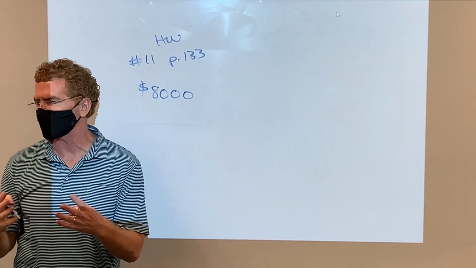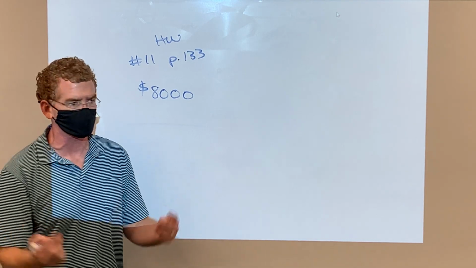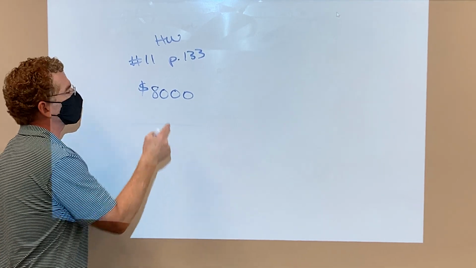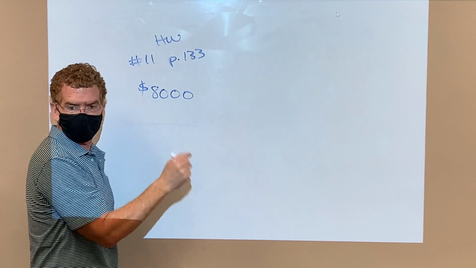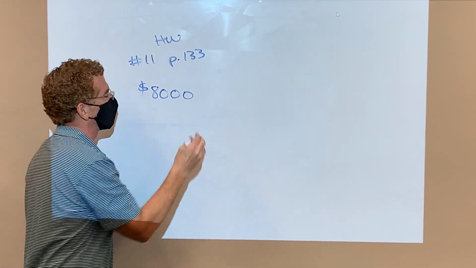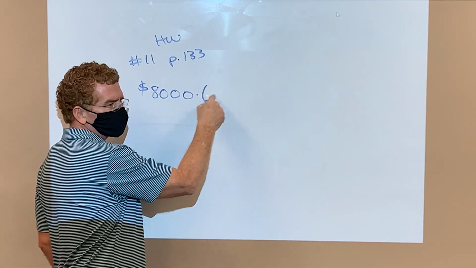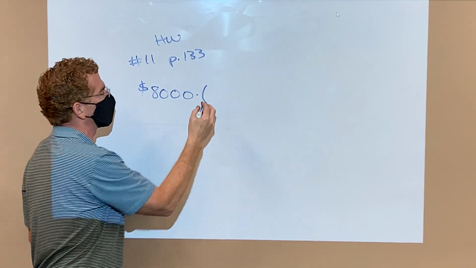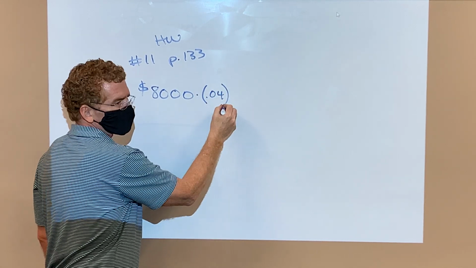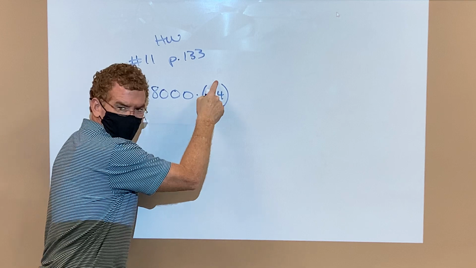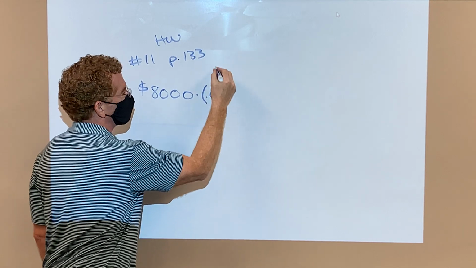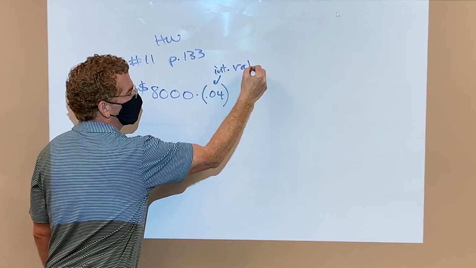Now, let's say I'm making a 4% interest rate on that. If I'm making 4% of that, of means to multiply. So I multiply by 4%, and 4% means 4 over 100, or 0.04. So that is the interest rate.